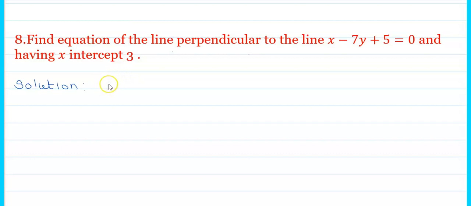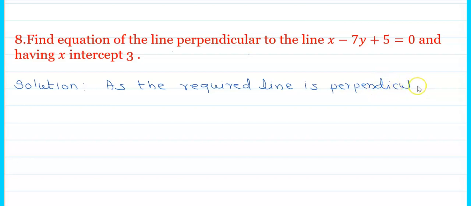First of all, as the required line is perpendicular to x minus 7y plus 5 equals 0.